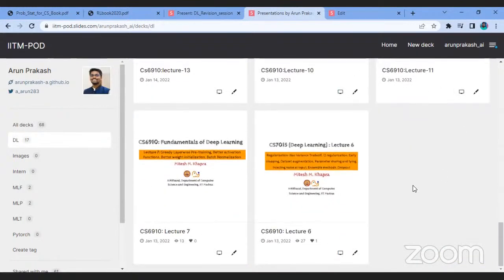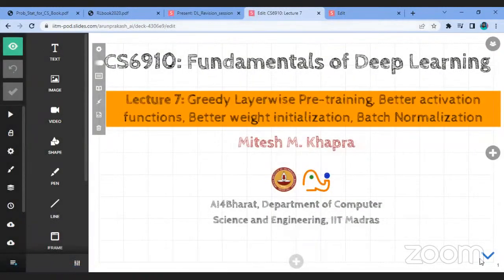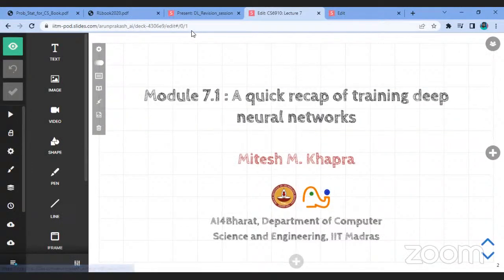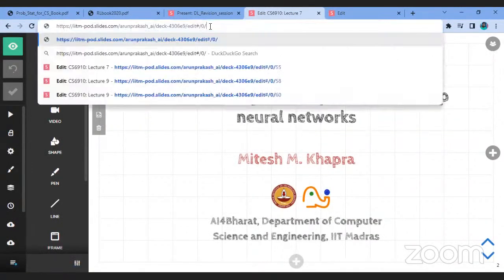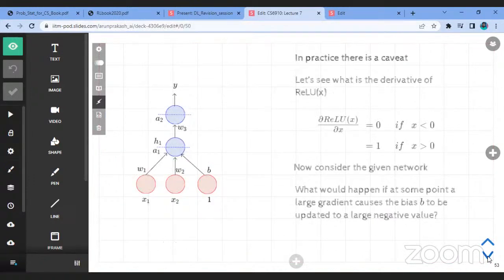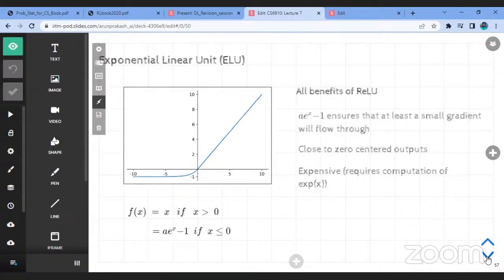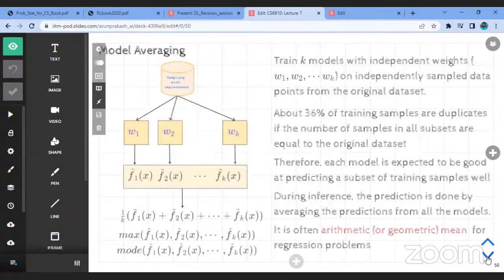Just give me a second. Yeah, here. Probably it is around ReLU, exponential.